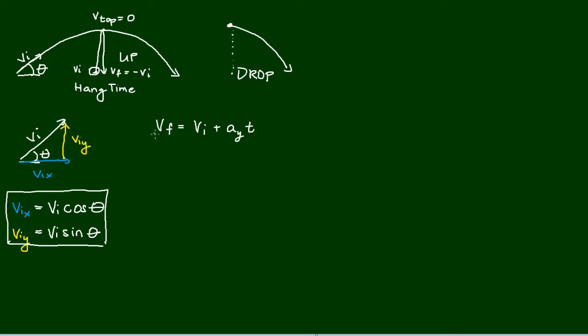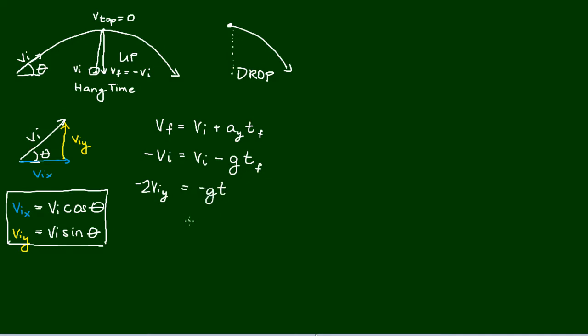So we can simply rearrange this. So we can say that negative Vi is equal to Vi plus Ay. We know that this is going to be negative g, and it's going to be multiplied to the time of flight. Okay, let me label this Tf because it's time of flight. Now, we can rearrange this. We can move this to one side. We can get negative 2 Viy, and I think it's now important to specify that this is in the y direction, and there's a negative g t on the one side.